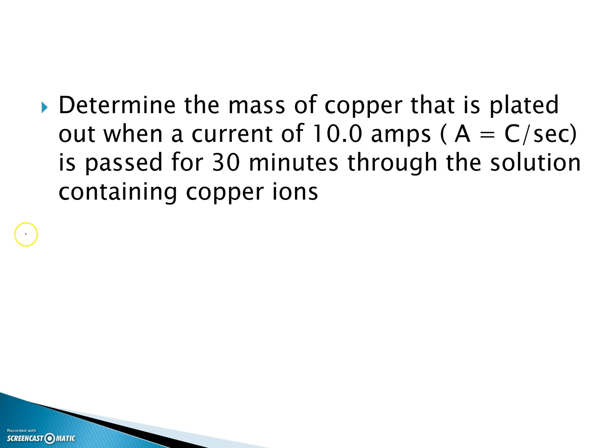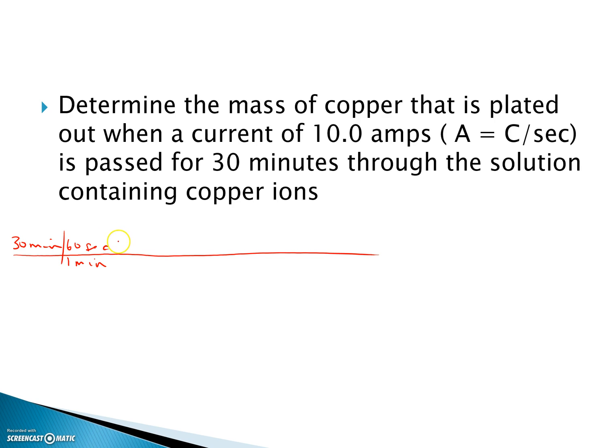So what we would do here is we would start with 30 minutes, and we're going to want to convert that from minutes to seconds. So we know that for every 1 minute, we have 60 seconds. Now we look at our amps.